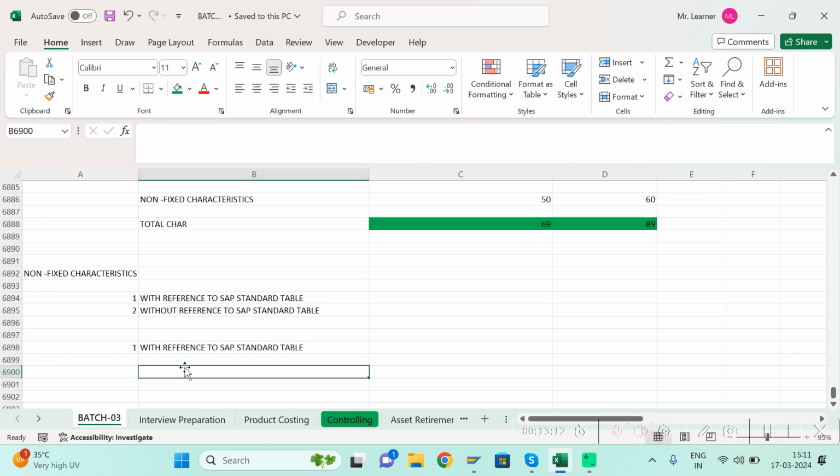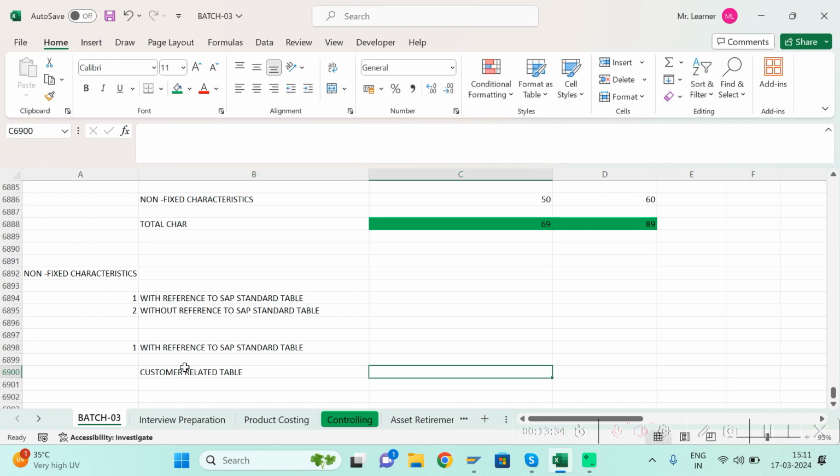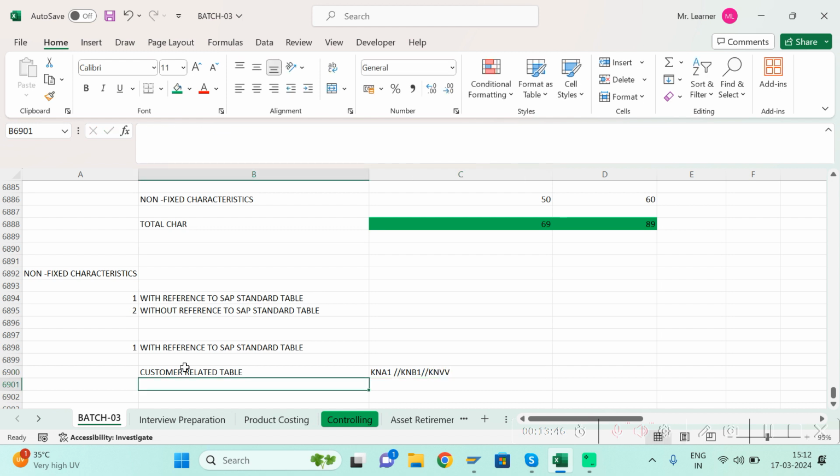If you want to analyze your profit based on any customer field, you can use customer related tables, that is KNA1, KNB1 and KNBB. So these are the three tables you can use to add non-fixed characteristics related to customer master.